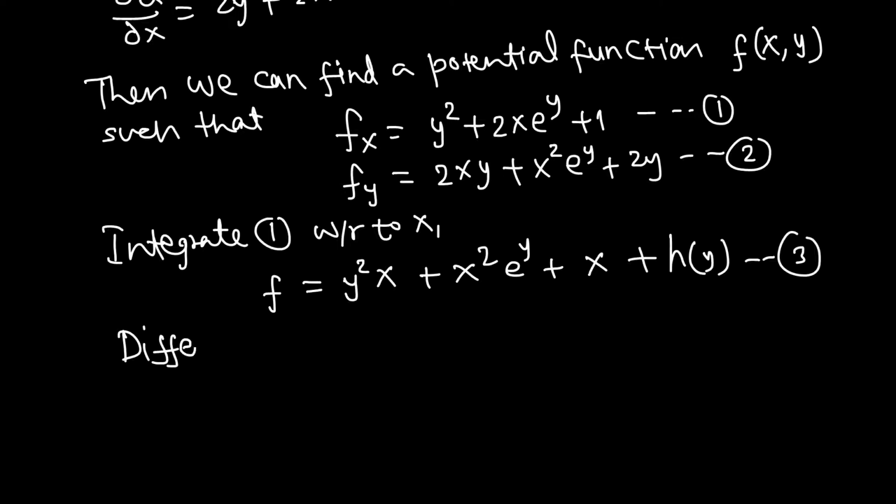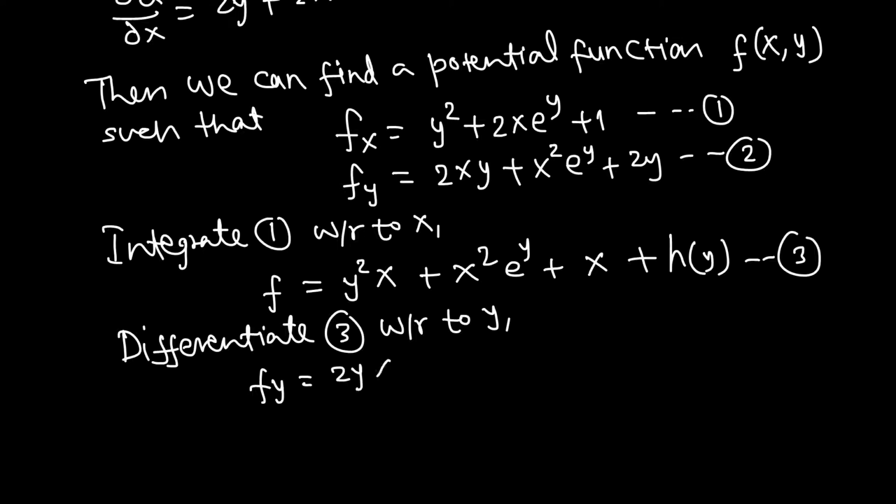Differentiate equation 3 with respect to y, we get f partial y is 2yx, e^y is e^y, x squared is constant, so with respect to y that's 0, plus h prime of y. Since h is a single variable function, the partial derivative is the same as the regular derivative. This is equation 4.